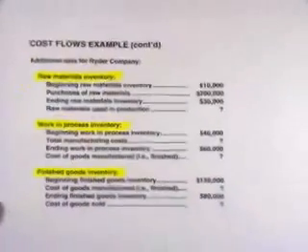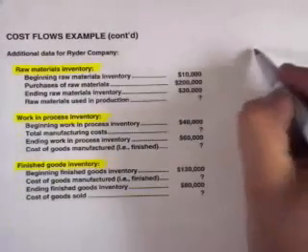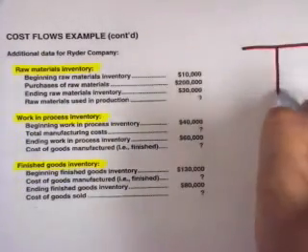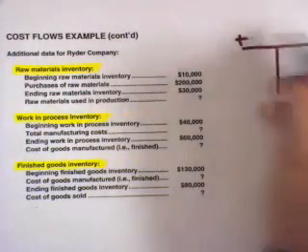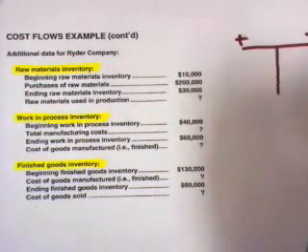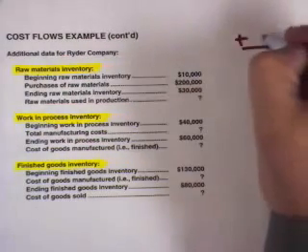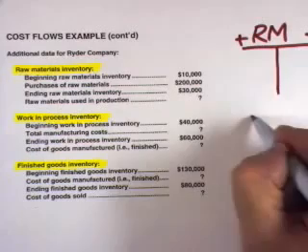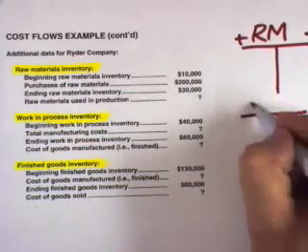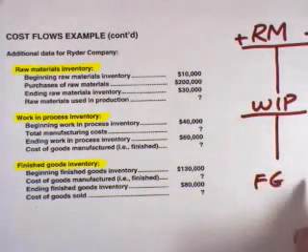So let's, on the side here, draw a T account. Since they're all assets, they're going to increase on the debit side and decrease on the credit side. That'll be the same for raw materials inventory, work in process inventory, and finished goods inventory.